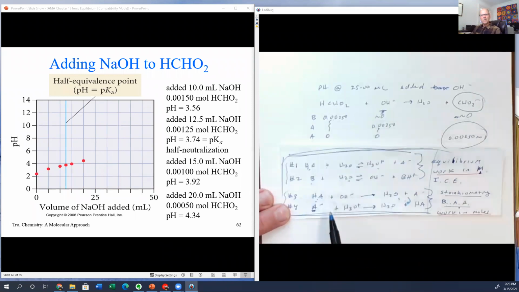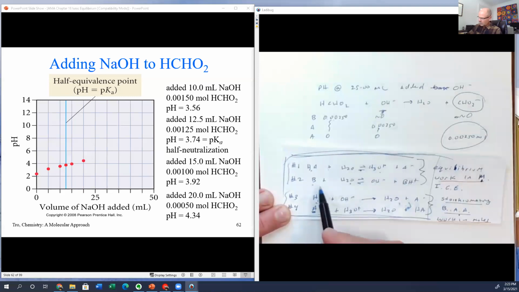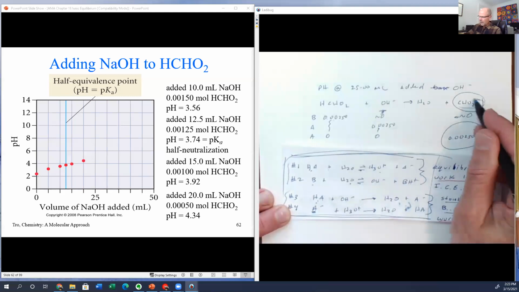Which of these 4 equations are you going to use for an ion acting as a weak base to find the pH? 1, 2, 3, or 4? It's equation 2, correct. So you're going to apply that equation to this weak ion.